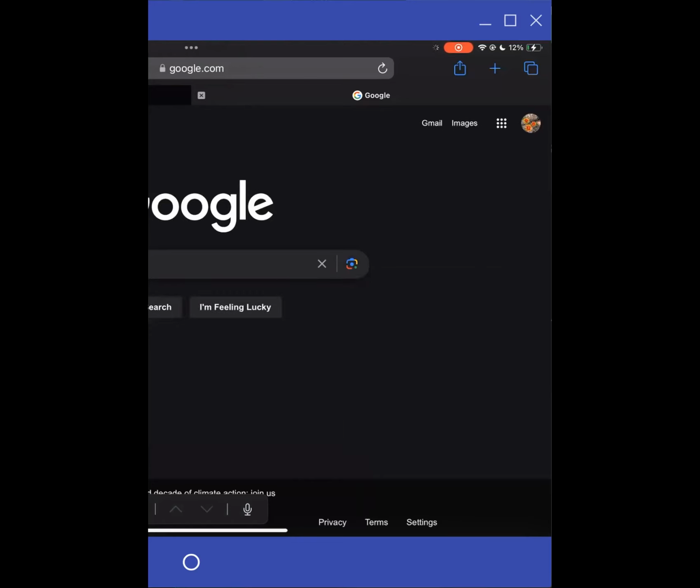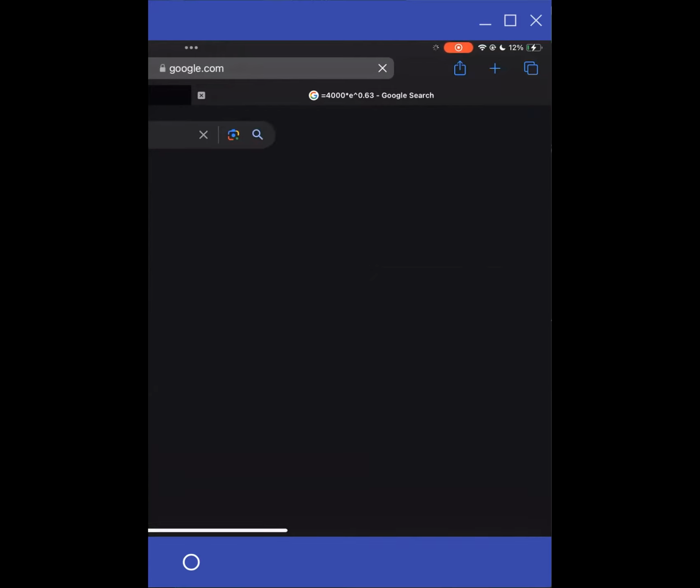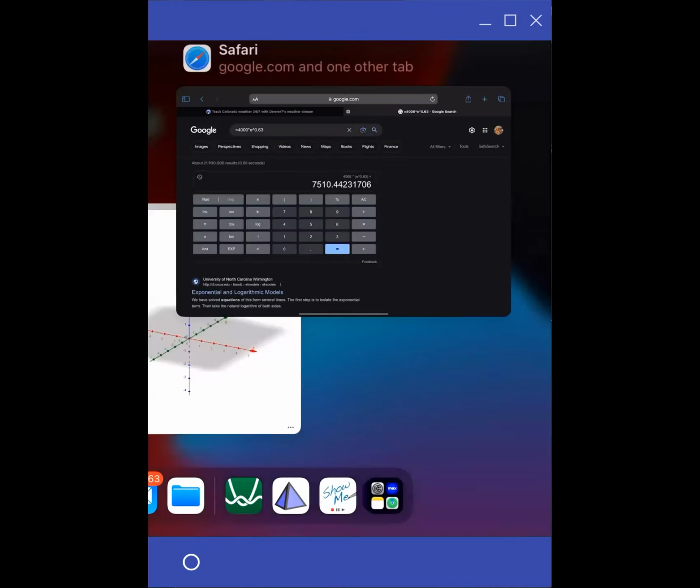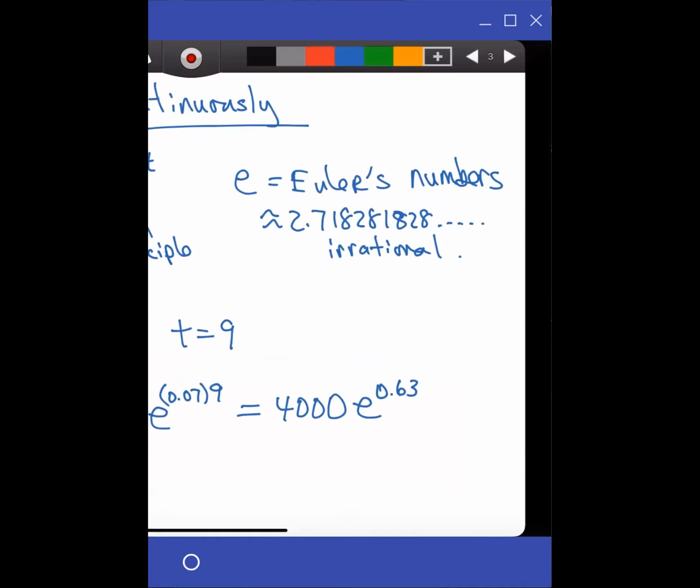Let's see if this actually works. I'm a little scared. I'm a little hopeful. Look at that. That even looks right. So we've got 7,510.44.